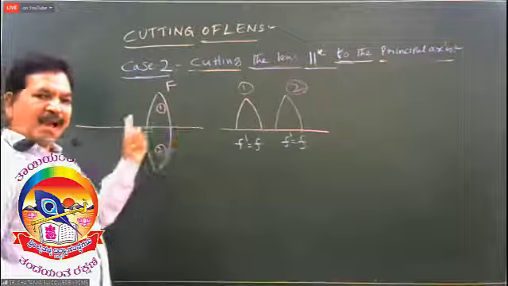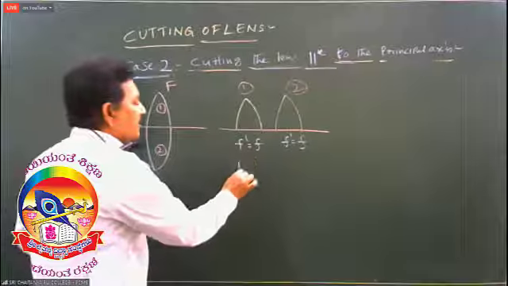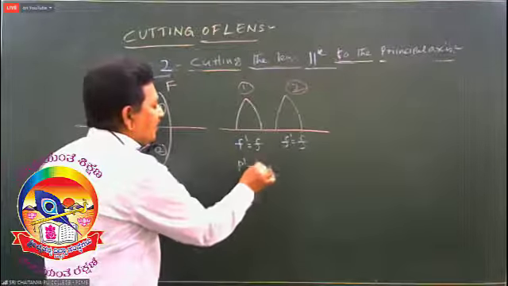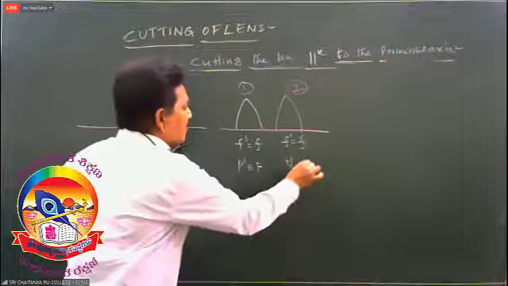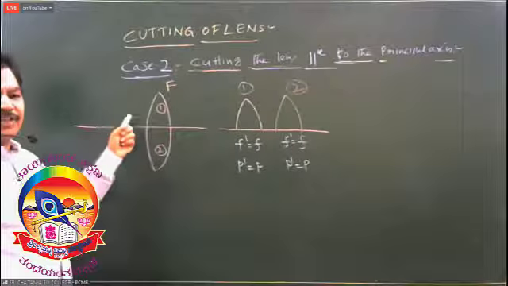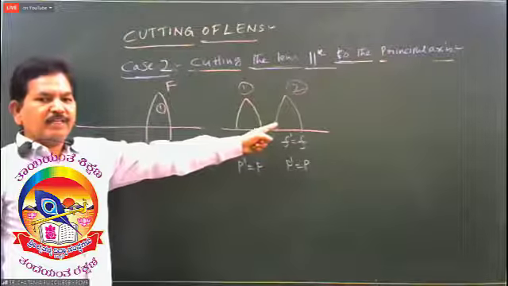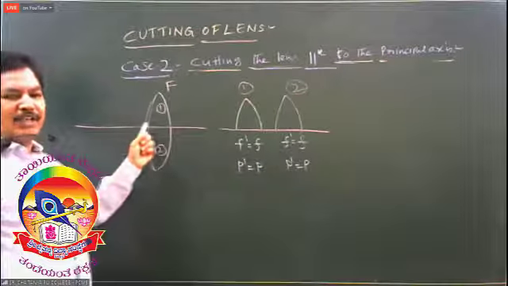If the focal length does not change, then the power also remains the same. The power of the first piece and of the second piece is equal to the power of the original convex lens.